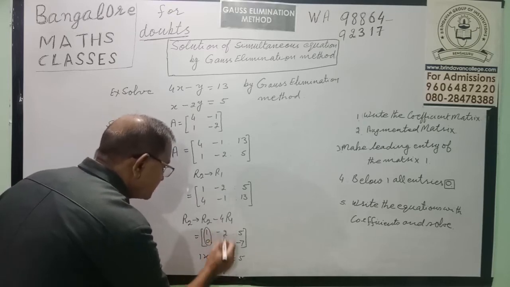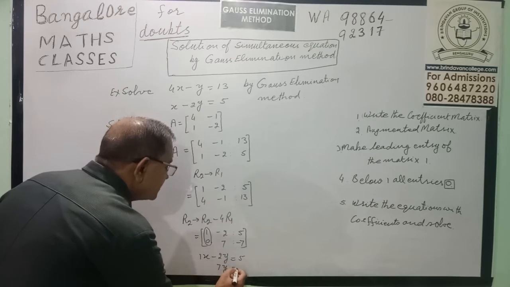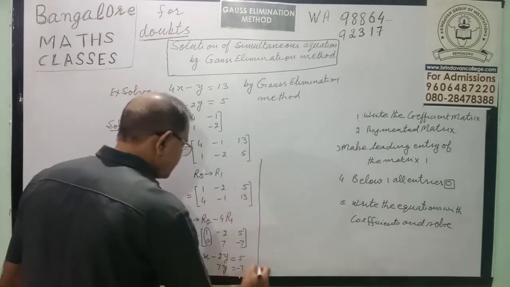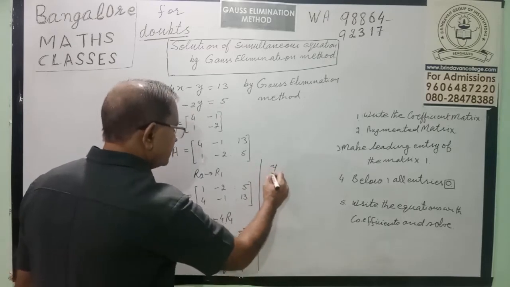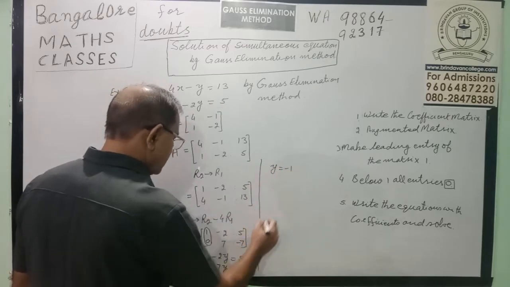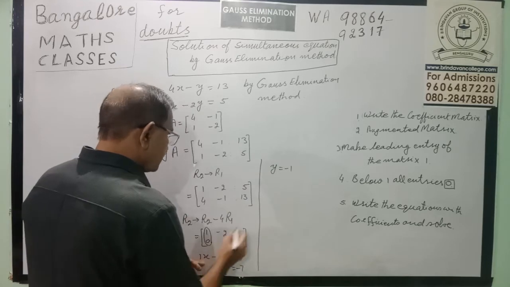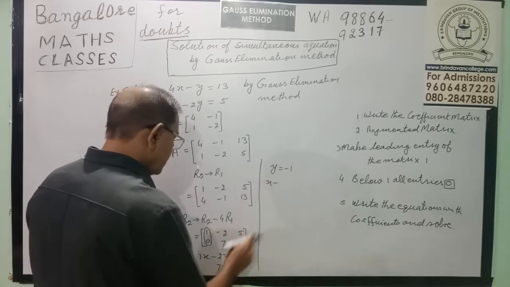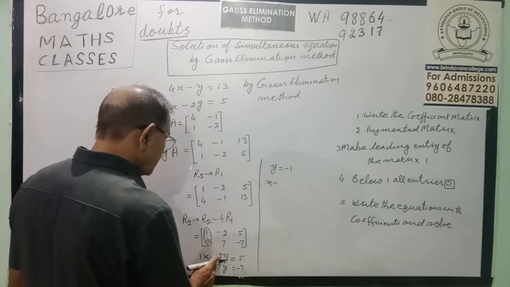Y column. 7y equals minus 7. So thus we will get from here y equals minus 1, and here x, for y put minus 1. Minus minus will get plus.